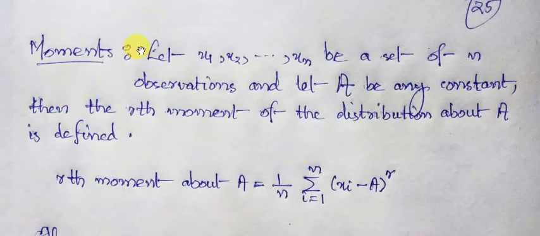What basically is a moment for a statistical observation? Moments. Here we have assumed n number of statistical observations, x1, x2, and so on, xn. Of course, these are without any frequency, and these are n observations. And we are defining the rth moment.